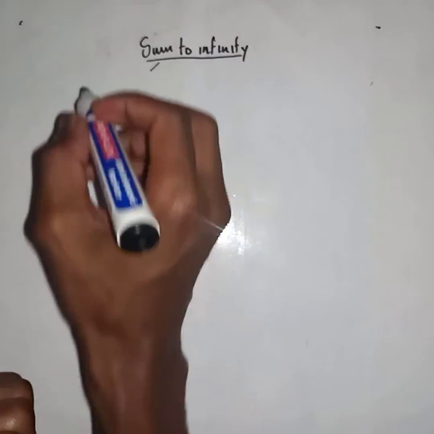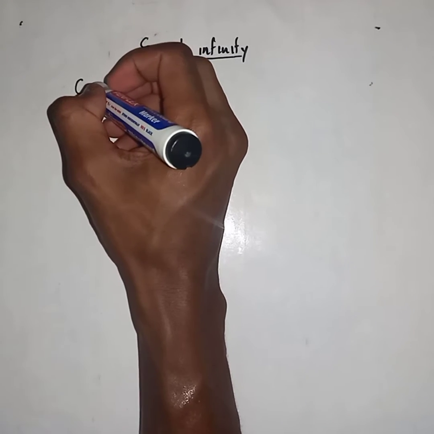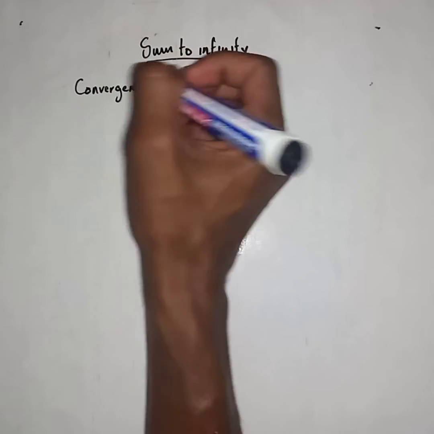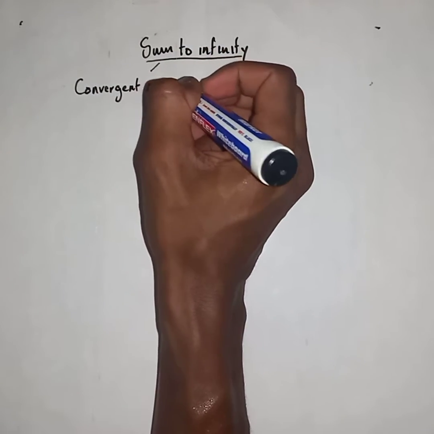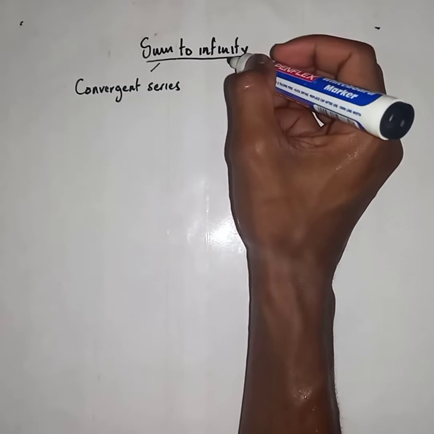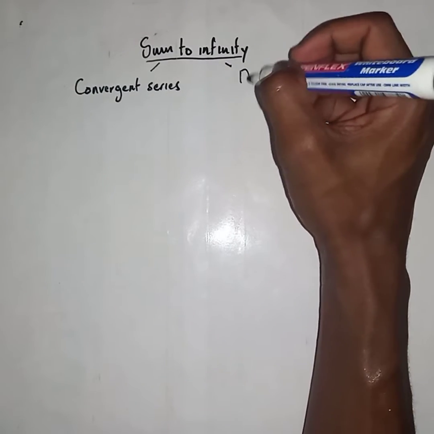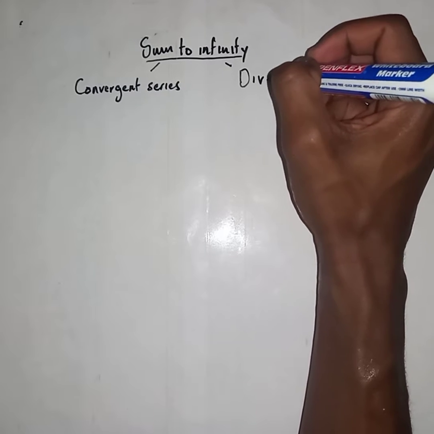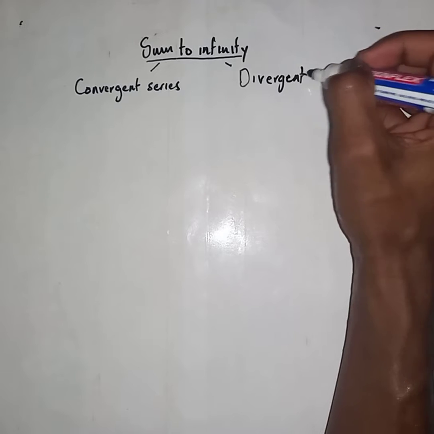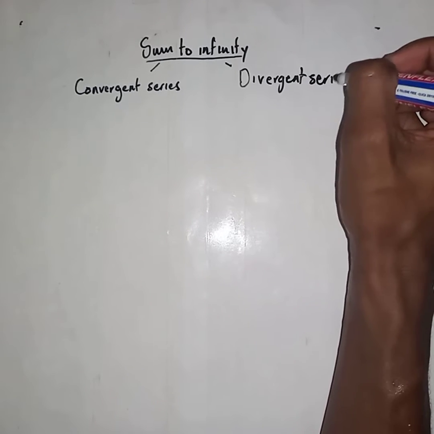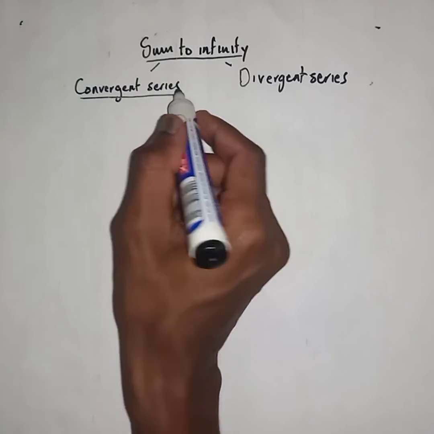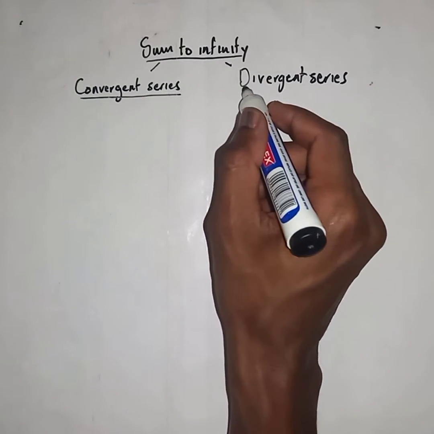Firstly, we have the convergent series. We also have the divergent series. You see, we have two of these, the convergent series as well as the divergent series.